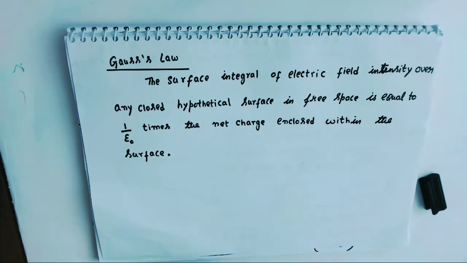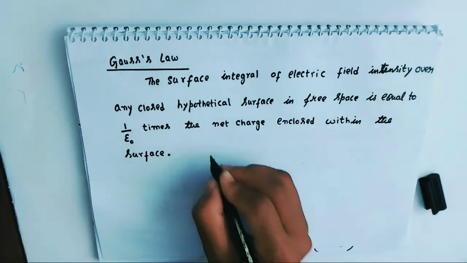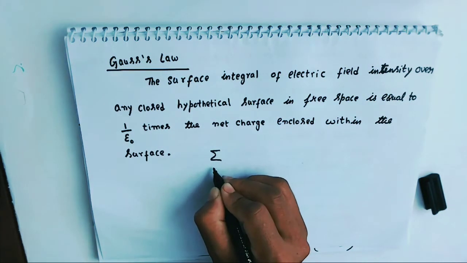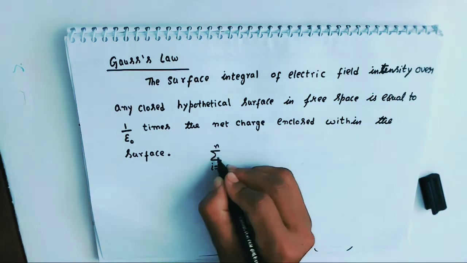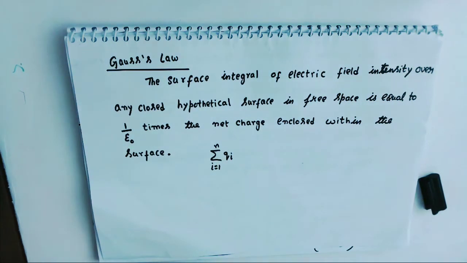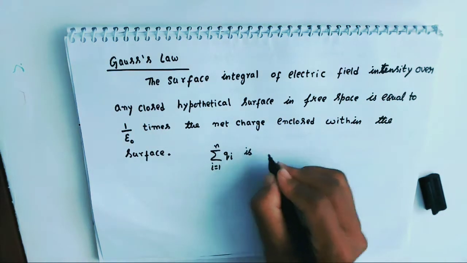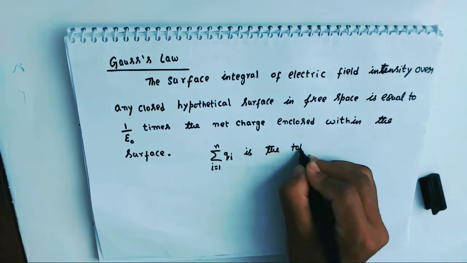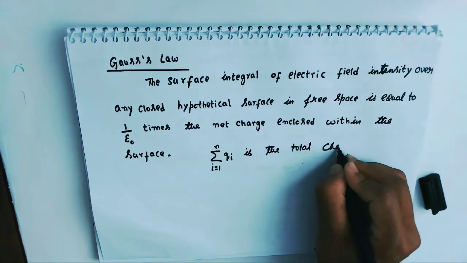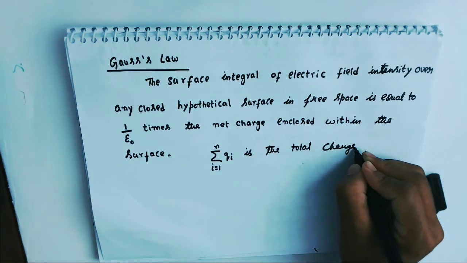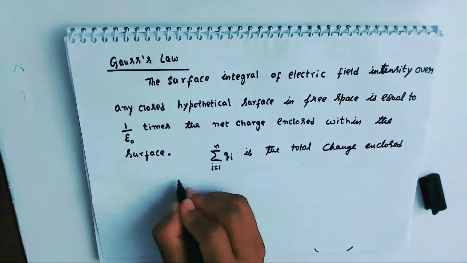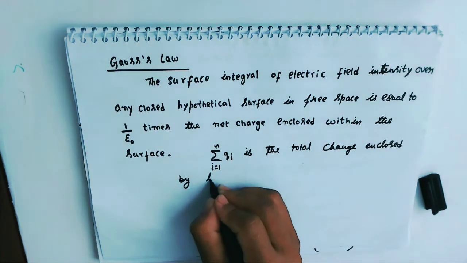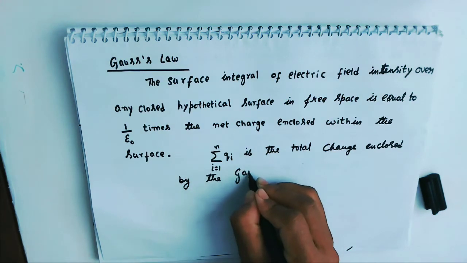So suppose the surface is a Gaussian surface and summation from i equals 1 to n of q subscript i is the total charge enclosed by the Gaussian surface.